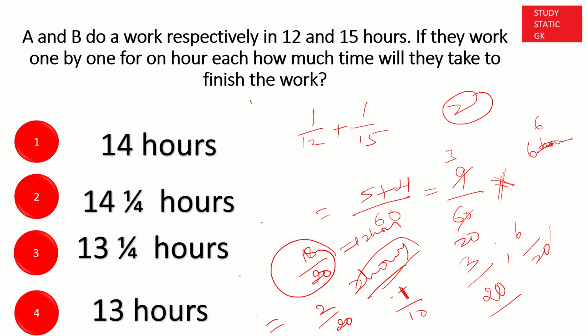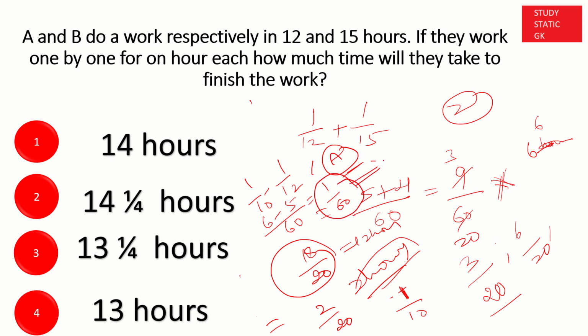1 by 10th work is remained, so 1 by 12th of it will be completed by A, because A can complete the work in 12 hours. So 1 by 12th will be completed by A. So again the remaining work will be 1 by 10 minus 1 by 12, so again 60 I guess, 6 minus 5, 1 by 60th work is remained again.